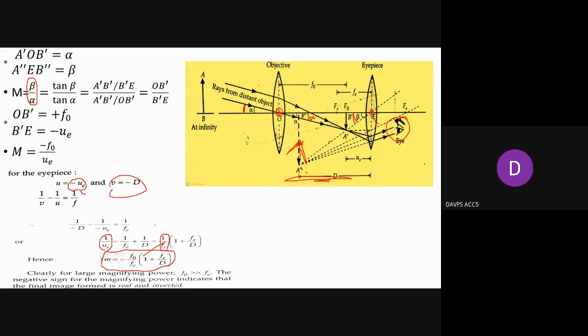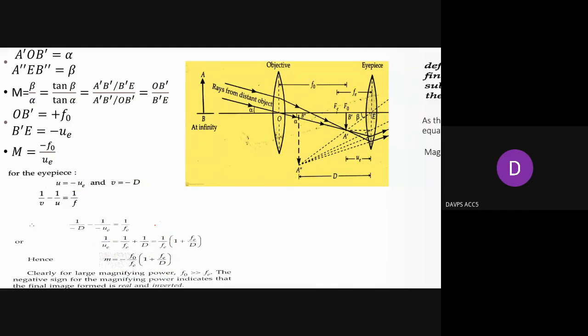The image is formed at infinity, so you get some relaxation in your ciliary muscles. That type of vision is called normal vision or relaxed eye vision. Normally this comes in the examination.